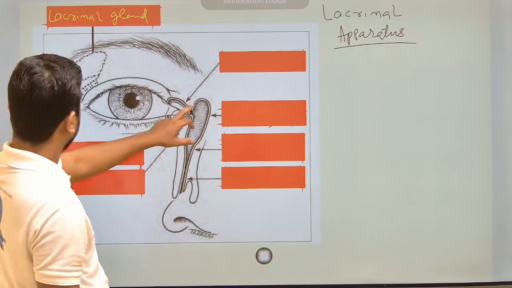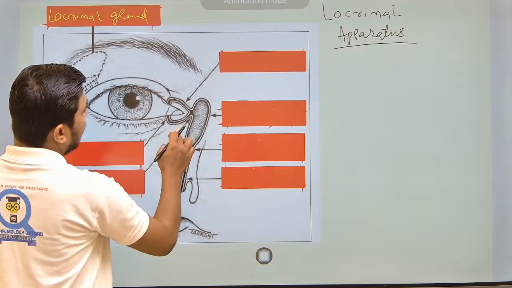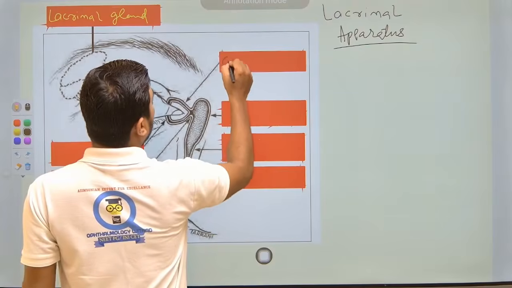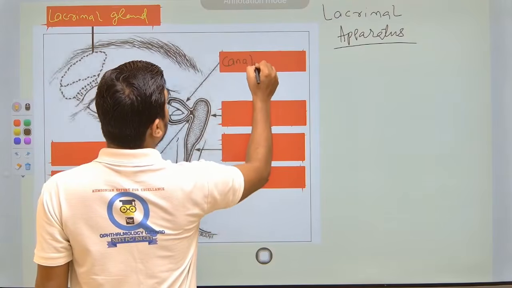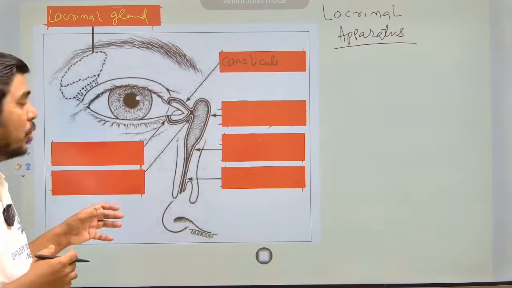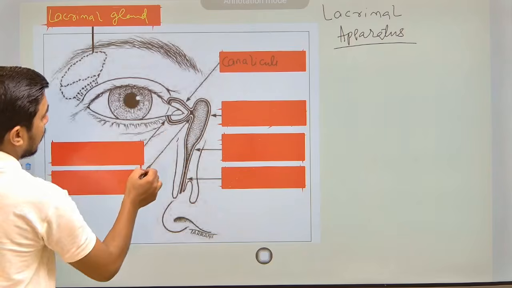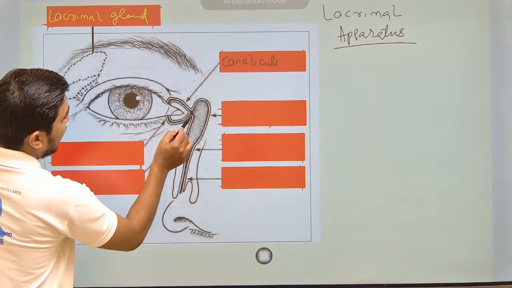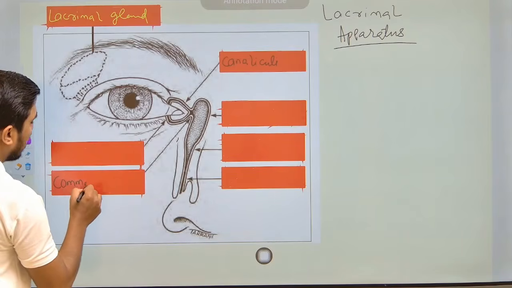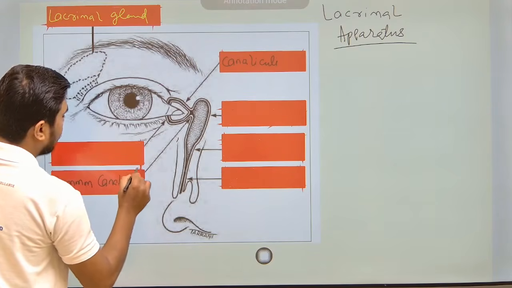What is this? This is nothing but canaliculi. Understood? What is this? These both canaliculi are forming a common canaliculus. Understood?